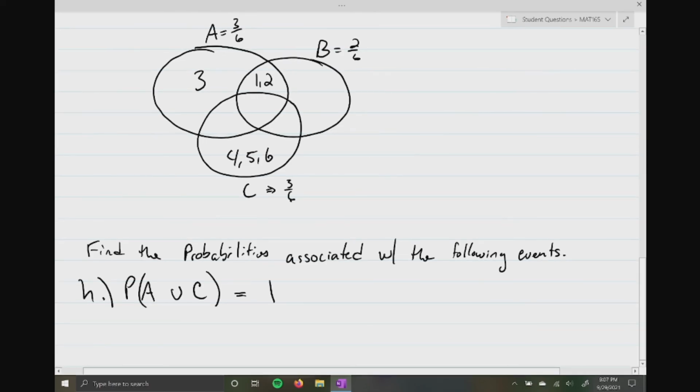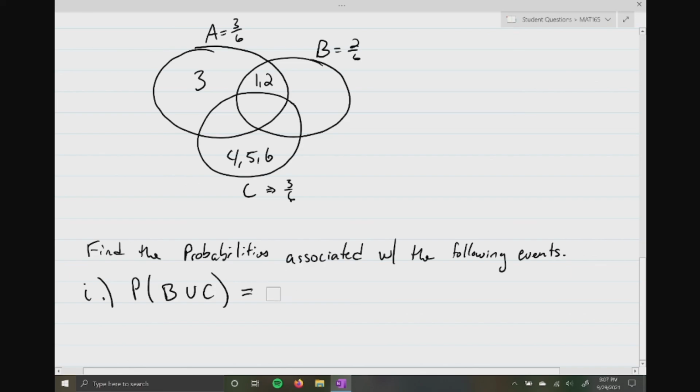Okay? And then the last question here is going to be question I. Give me a second. Let me write out question I here. I is going to be the probability of B union C. The probability of B union C are going to be events 1, 2, 4, 5, and 6.